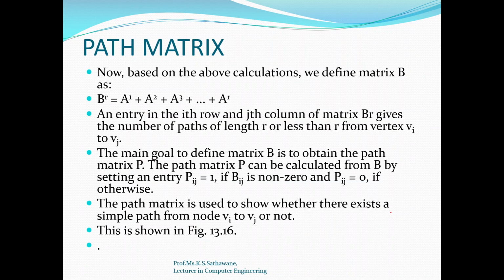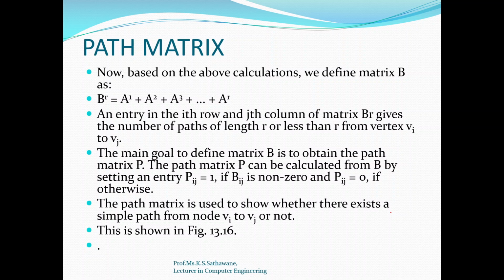Now based on the above calculation, we define matrix B as B raised to R is equal to A raised to 1 plus A raised to 2 plus A raised to 3 up to A raised to R. An entry in the ith row and jth column of matrix B_R gives the number of paths of length R or less than R from vertex Vi to Vj.